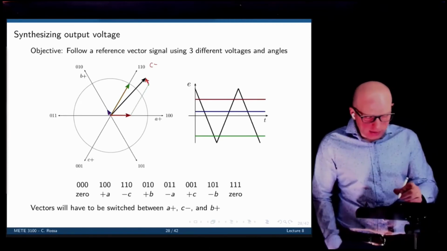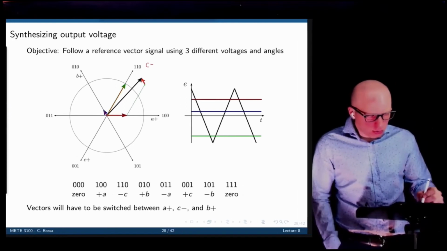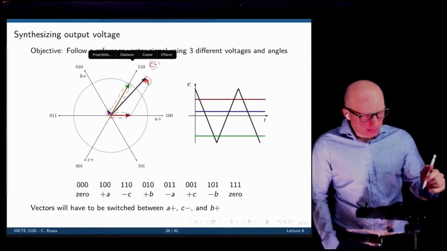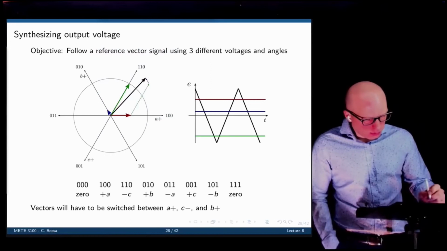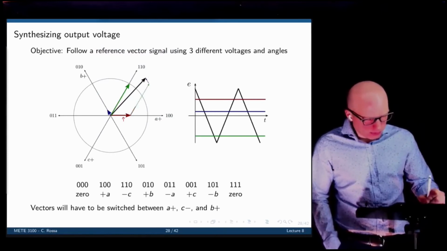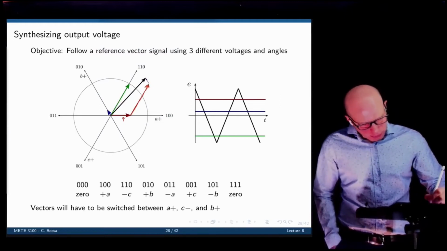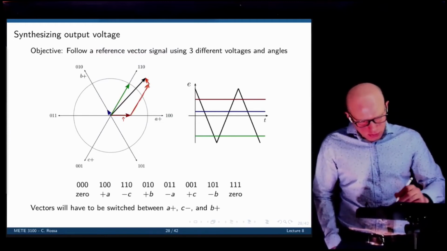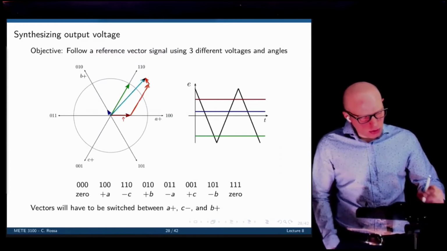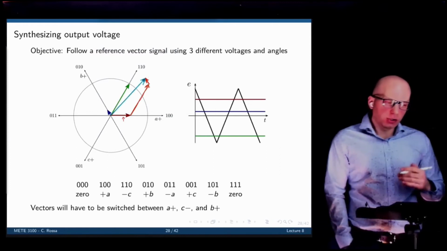And when we add them up, we get to the black vector that we specified before. So if this is vector 1, we can put the green vector here, and you can add the blue vector there, and we see that the resulting vector is indeed the black one as a linear combination of the other 3.